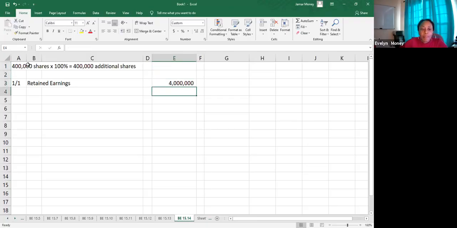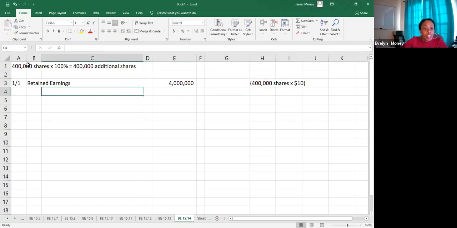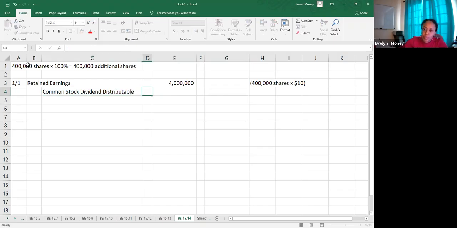Okay. Shares times $10. Now, we're going to credit common stock dividend distributable using the par value because this is a large stock dividend.